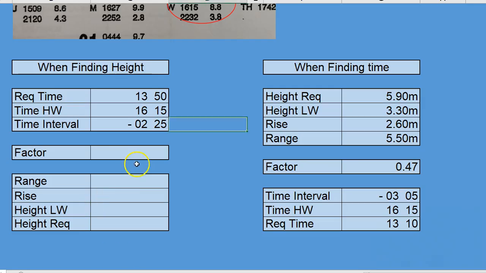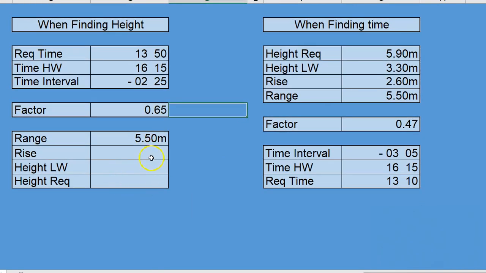So if we're going back to our table, we can actually put that in there, 0.65. And we know that if that's 0.65, then our total range is 5.5. We knew that from the beginning. So if we're taking this fraction again, remember that is a fraction of the actual rise we need compared to the total range.